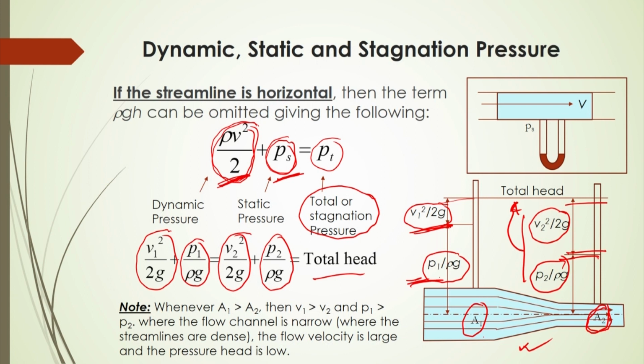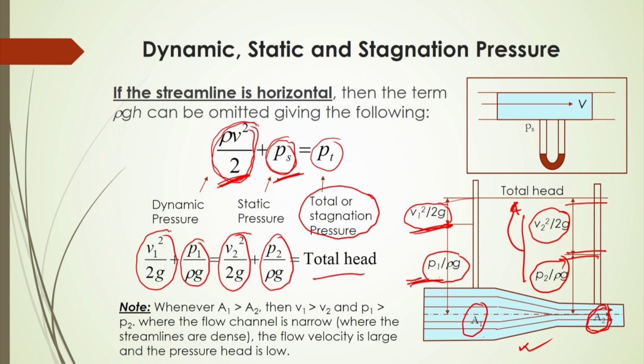Very interesting: whenever one cross section is greater than another, suppose here A1 is greater than A2, then we can say that V2 will be greater than V1, because the cross section at A2 is lower, so higher velocity will be there, whereas the cross section is higher at A1, so velocity will be lower.